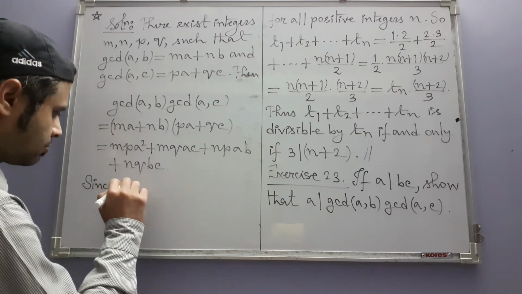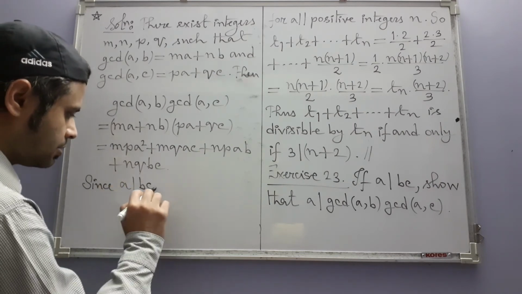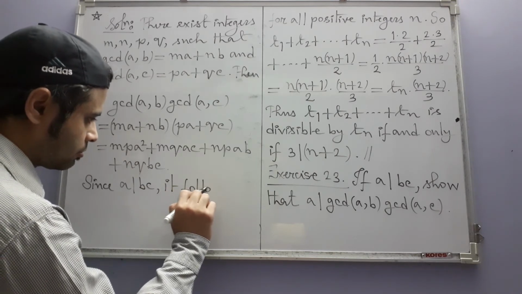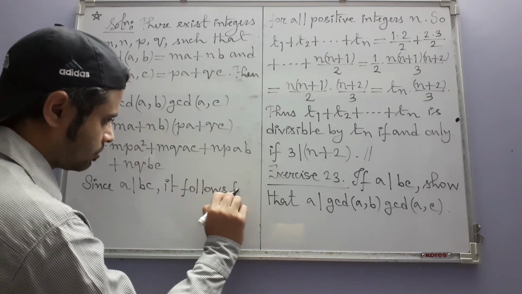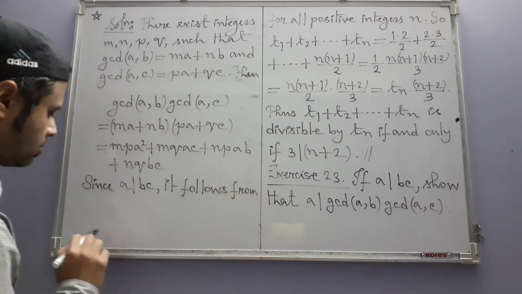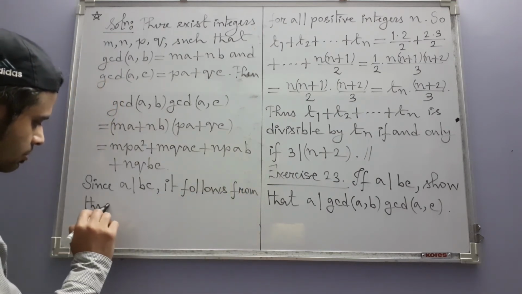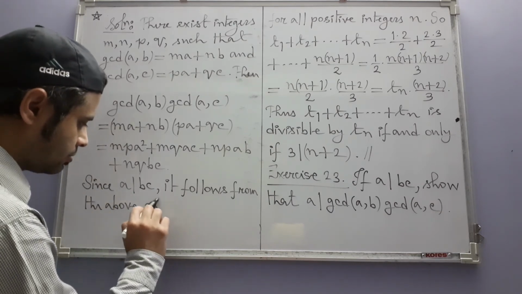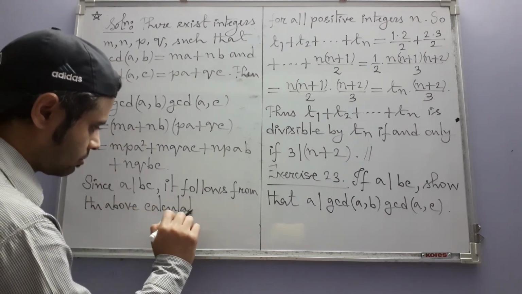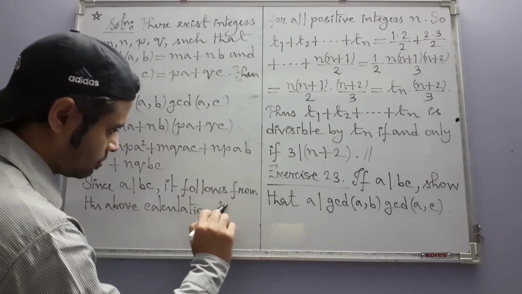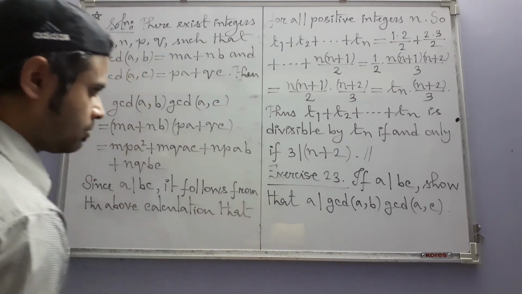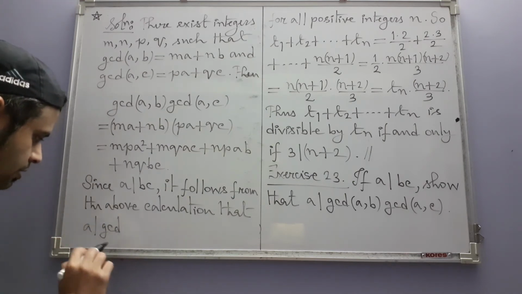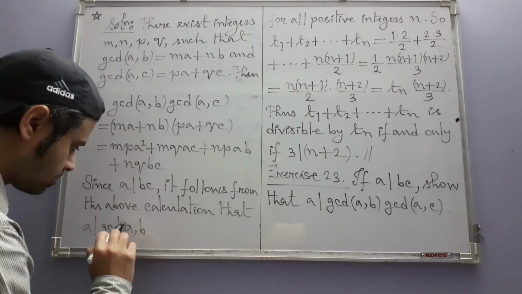Since a divides bc, it follows from the above calculation that a divides the product of these two greatest common divisors.